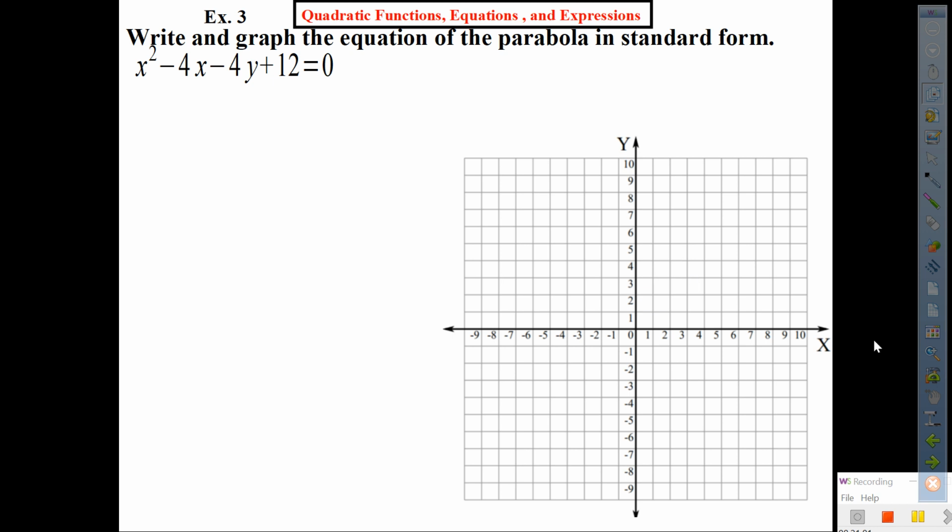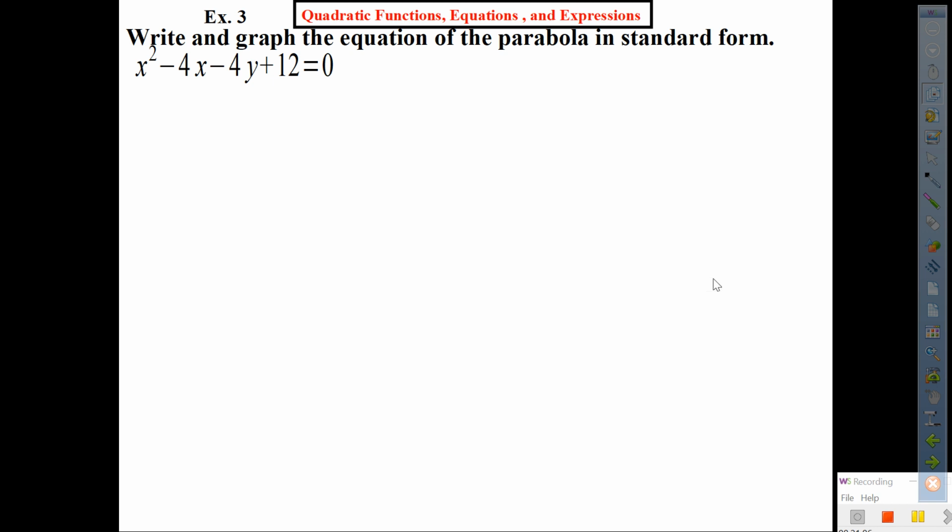Okay? However, before we get started with this, let me go back to the previous problem. Look up to the screen. So, to get our brain ready, which one has the square? The x. Notice that the x is on itself on one side of the equation. So what do we have on the other side? The y is on the other side.